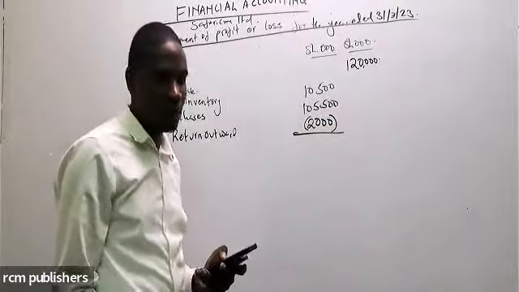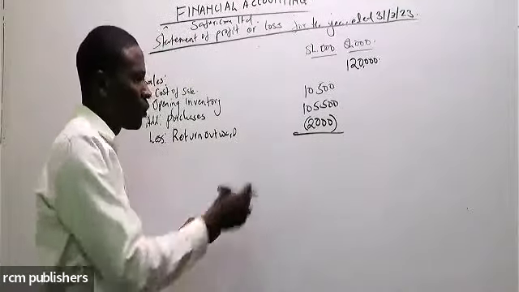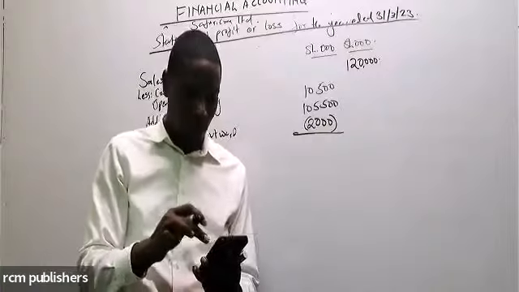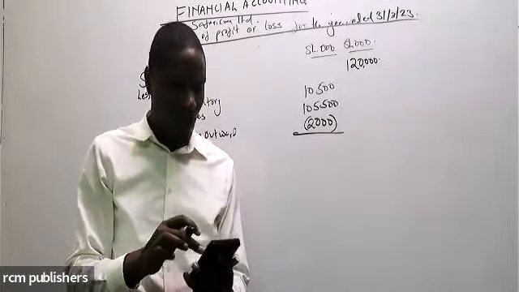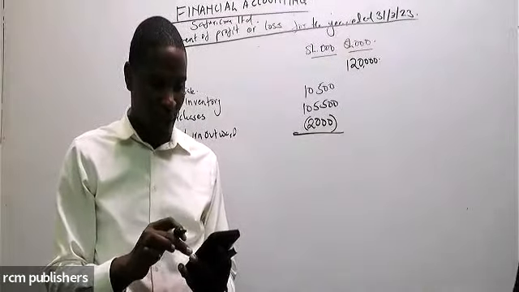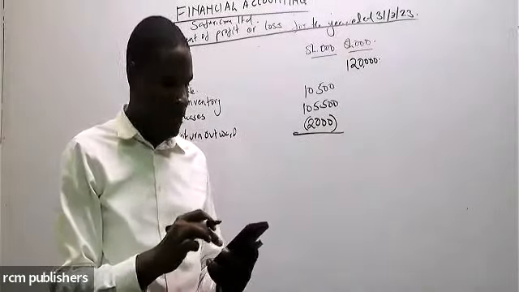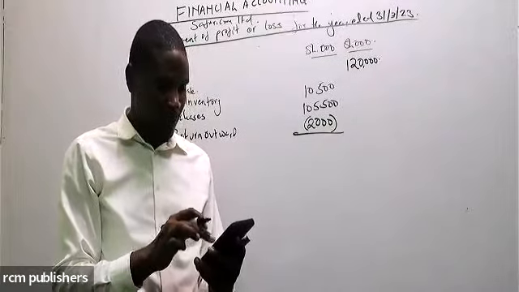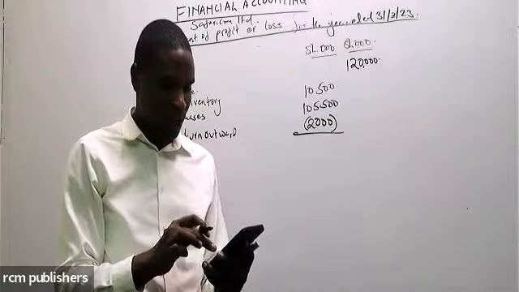So if you do this, how much are you getting? 10,500 plus 105,500, and then we left 2,000.